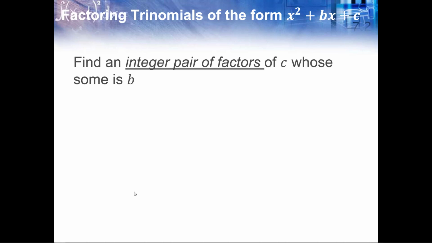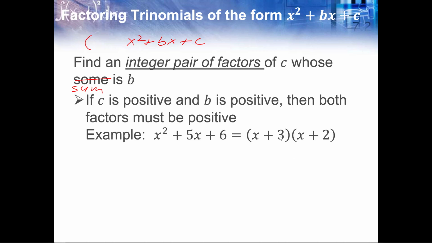Okay, so here's step 1. Find an integer pair. Remember we are going to factor x squared plus bx plus c into something. We want to find integer pair factors of c whose sum is b. Now, it turns out that if c is a positive number and b is positive, then both factors will be positive numbers. Here is an example.